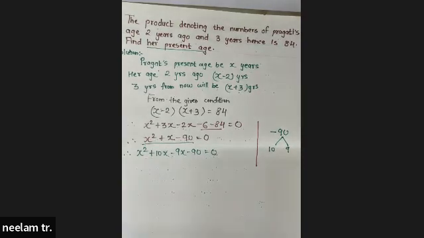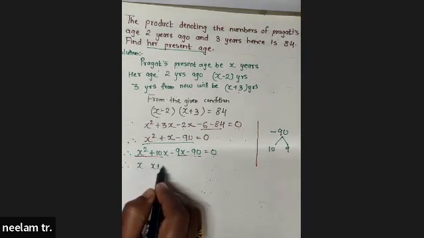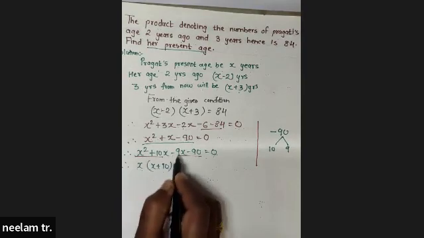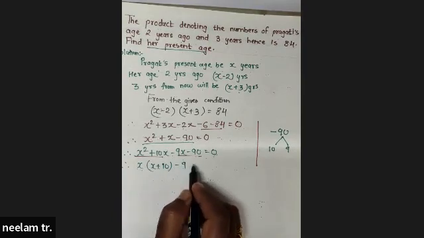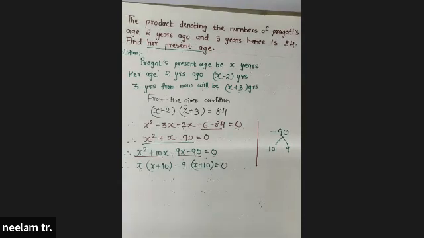So from the two pairs of terms you need to take out common factors. From this you take out common x plus 10, and from here minus 9 times x plus 10, is equal to 0.